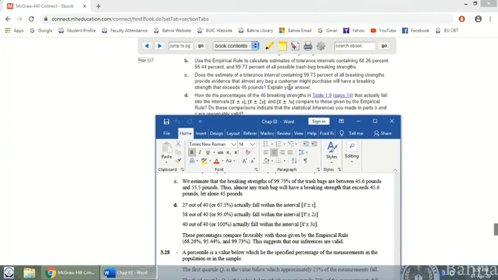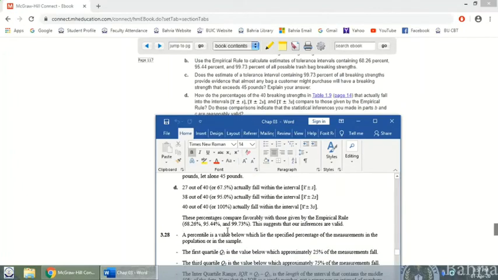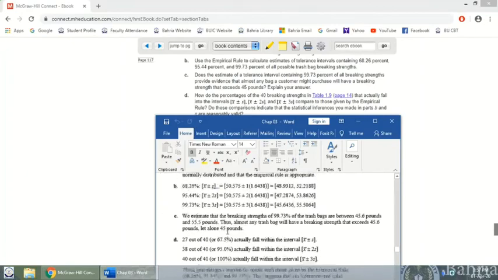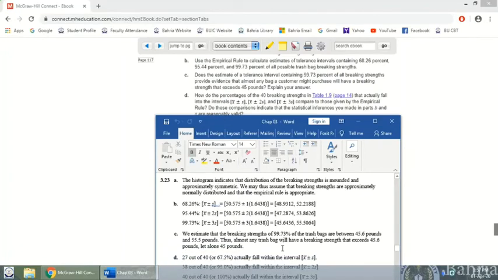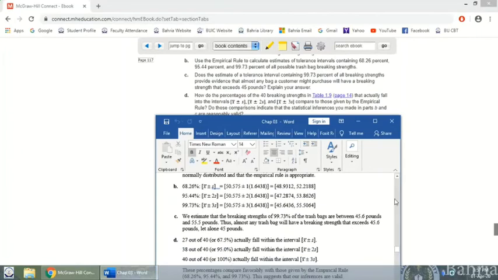So again, you have to consider what the value was at 99.73, and we have calculated that as x bar plus minus 3s, and this was between 45.6 and 55.5. This is towards the lower side, and the tolerance level is lower. So you can simply say that we'll have a breaking strength that exceeds 45 pounds.